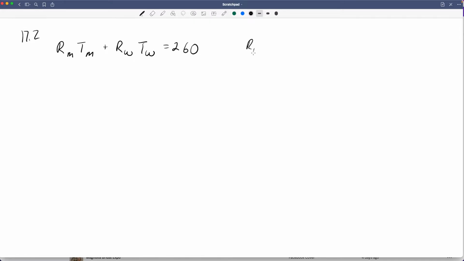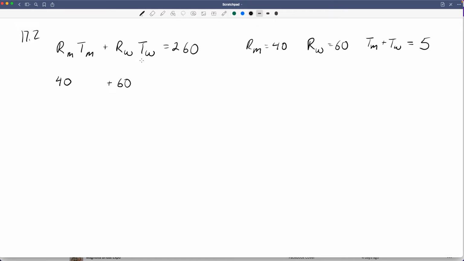Of that, RM is equal to 40, RW is equal to 60, and TM plus TW is equal to 5. So we can substitute the 40 and the 60 in pretty easily. So we can put 40 in here, and we can put 60 in here, right?